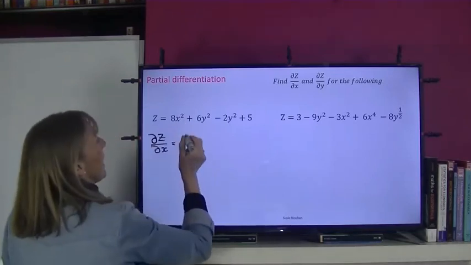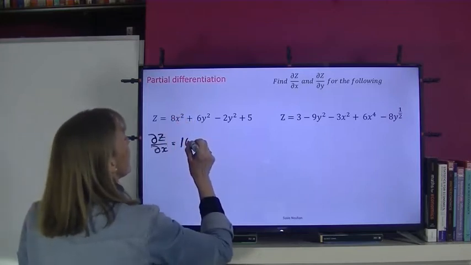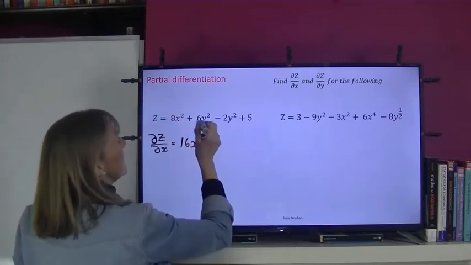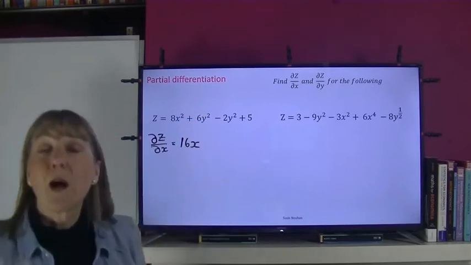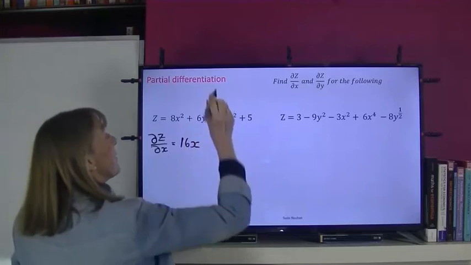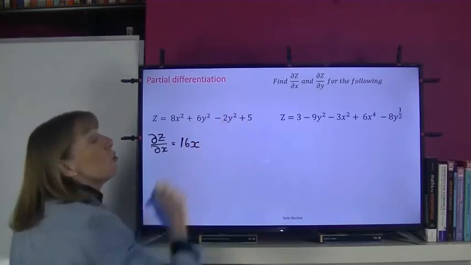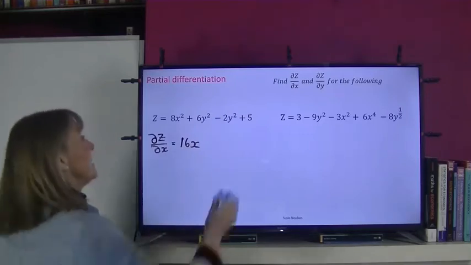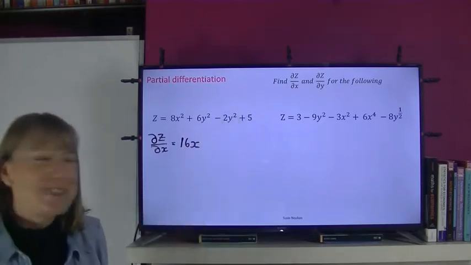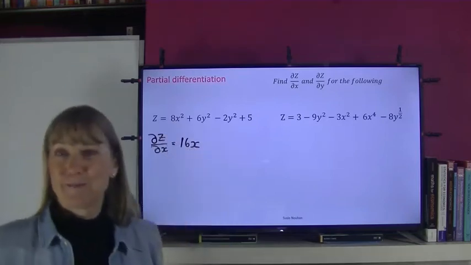So I differentiate x as I normally would, so power times the coefficient. Now this is a function of y, so I'm considering y a constant now. So like any other constant, it goes away when I differentiate. This is going to go away when I differentiate, and this is going to go away when I differentiate. So this differentiates to just that one term.